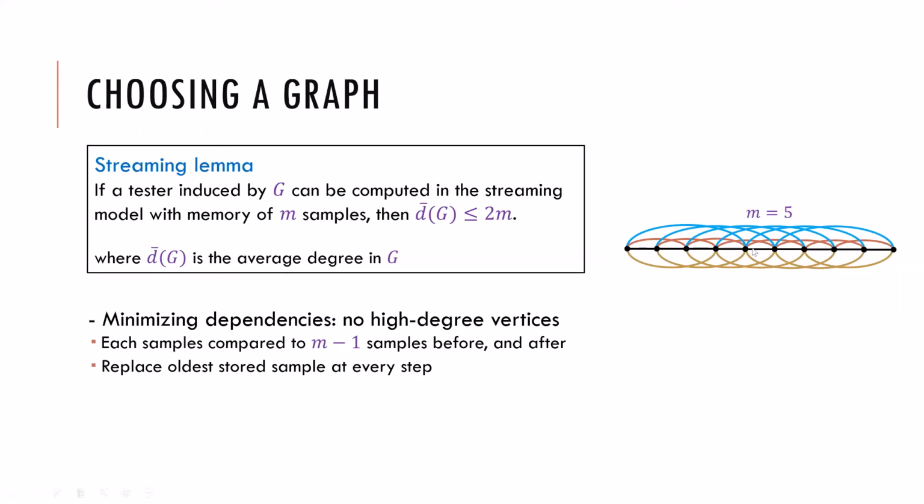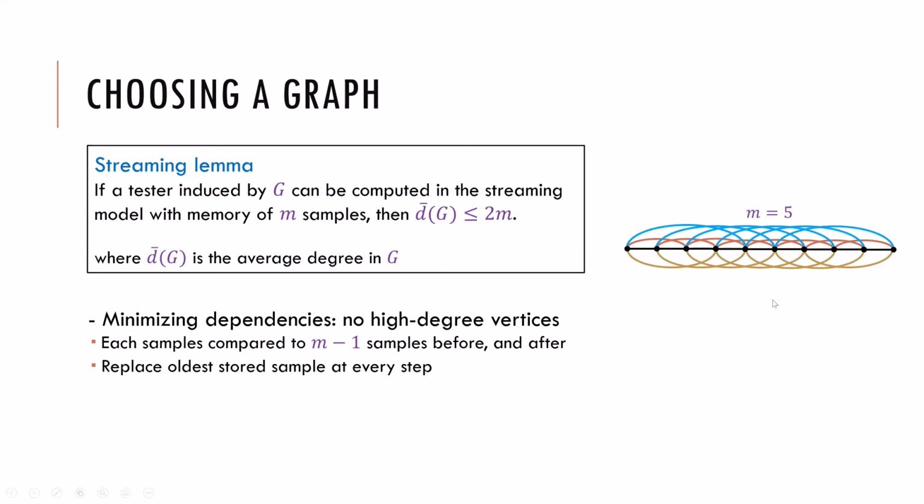This means that any sample, upon being processed, is compared to the last m-1 samples that have been processed before it, and it's going to stick in our memory for another m-1 steps, so it's going to be compared to the next m-1 samples, so its degree is going to be almost 2 times m. This is almost optimal with this restriction that we have by the model constraints.